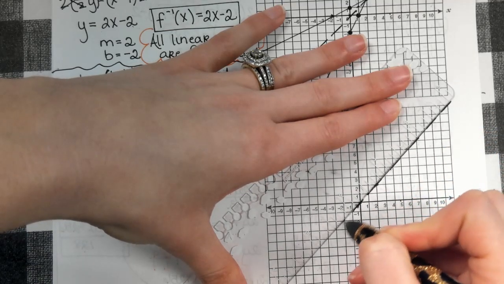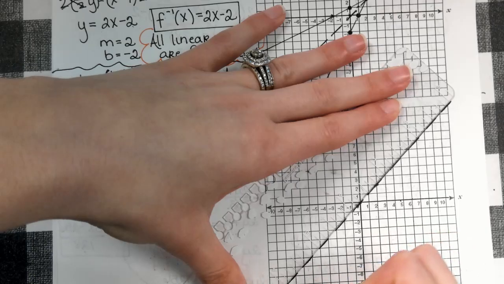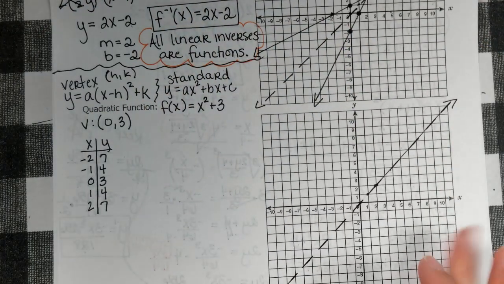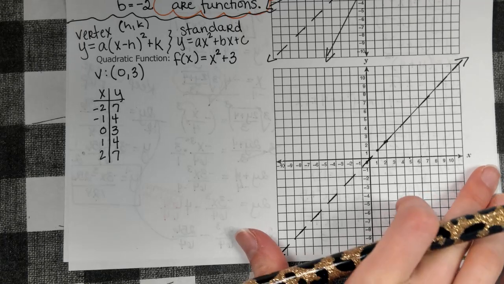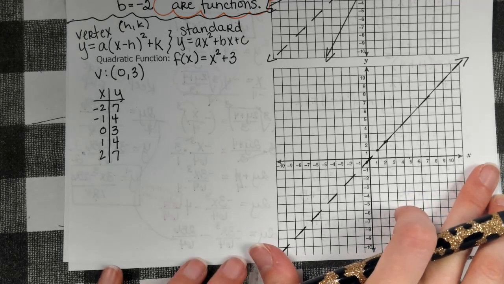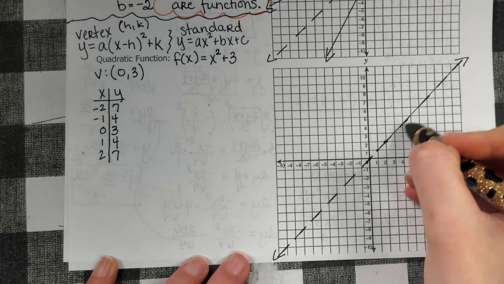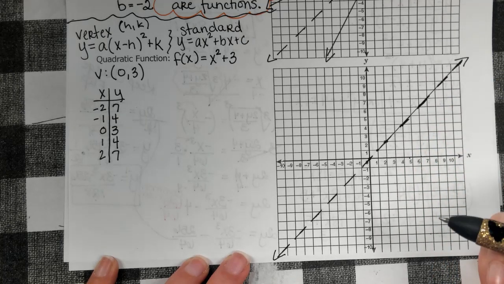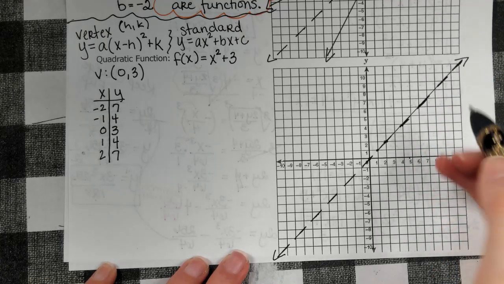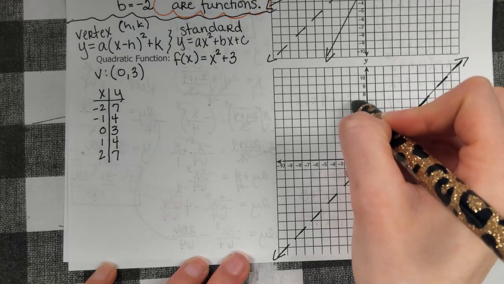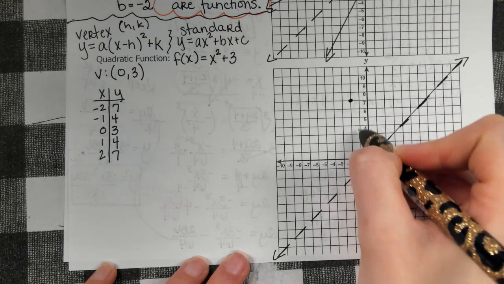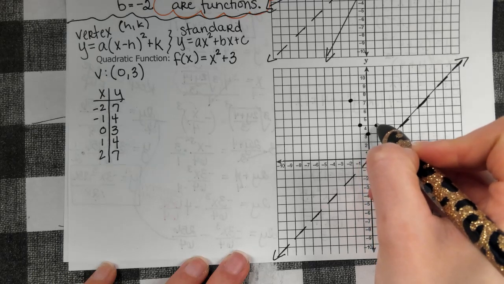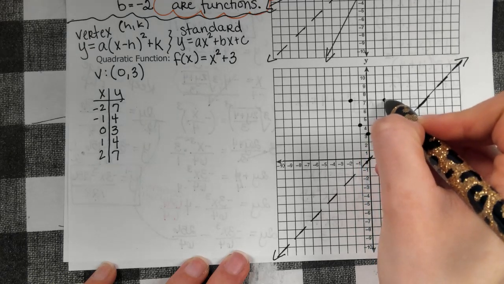Half of it will be dashed. Then I can plot my points for my parabola. -2, 7. -1, 4. 0, 3. +1, 4. And +2, 7.